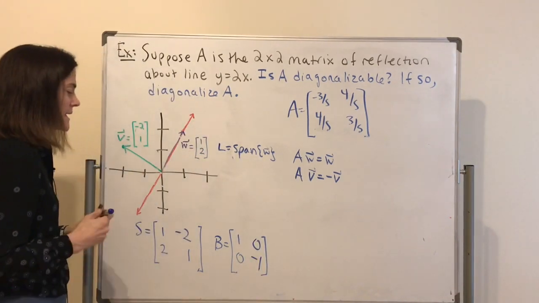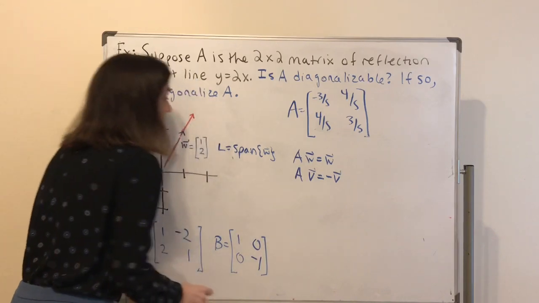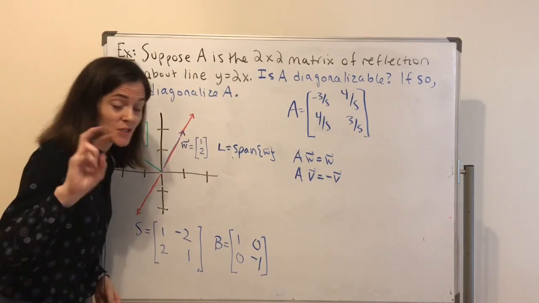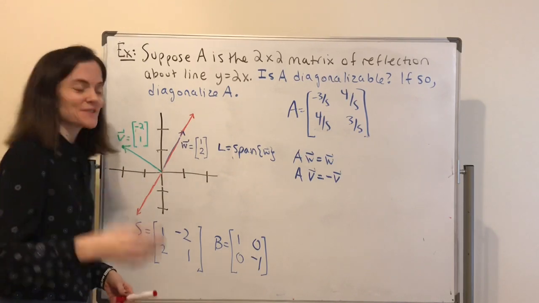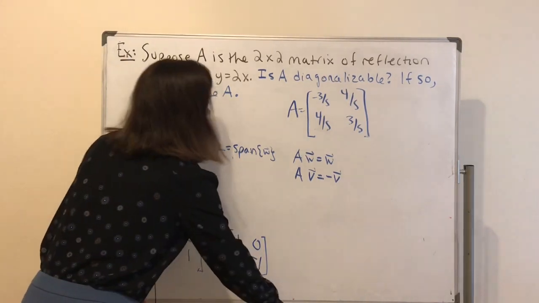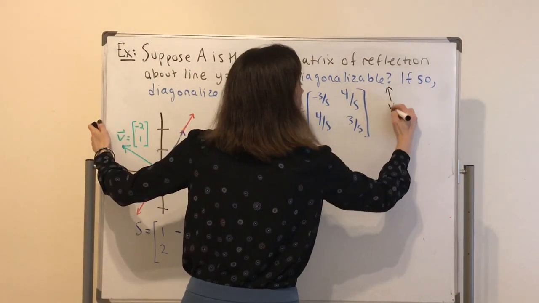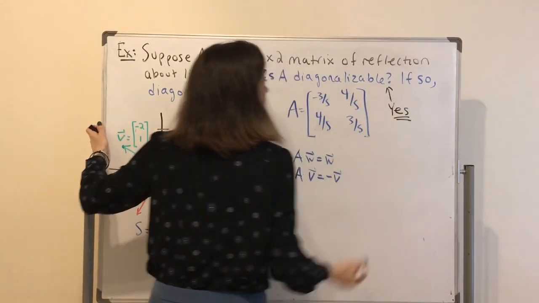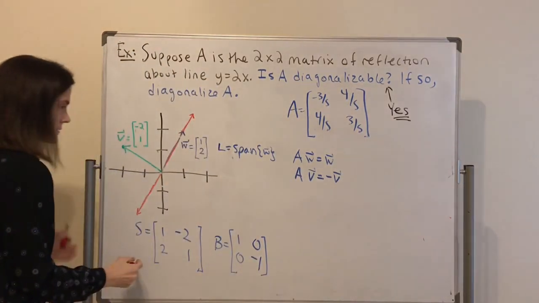Okay? So in fact, the answer is yes, A is diagonalizable, because we were able to find 2 linearly independent eigenvectors, just thinking geometrically, right? So the answer is yes. And if so, diagonalize it. Okay, we have, it's here.